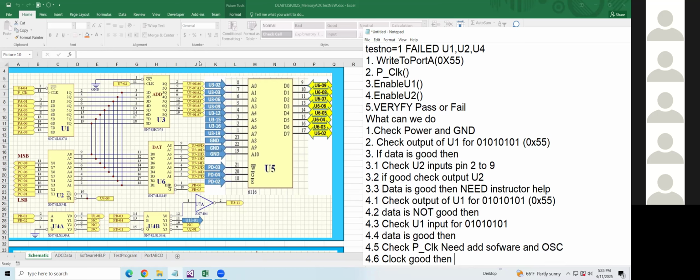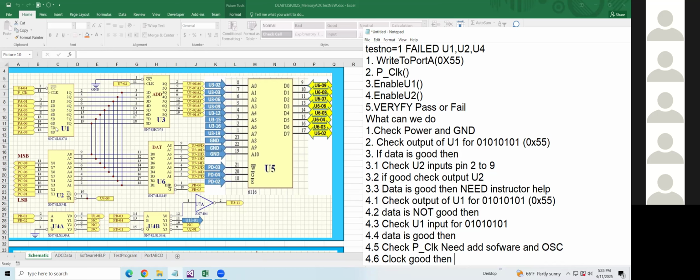When you apply data to port A, then you apply the clock. The data from port A will go inside the IC, not outside, inside.